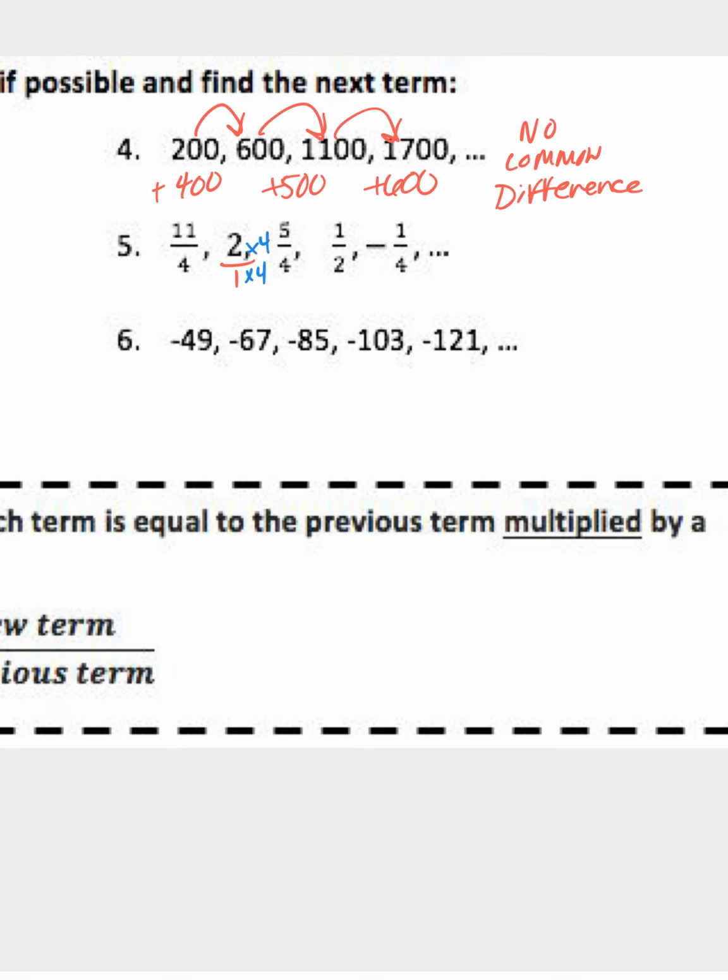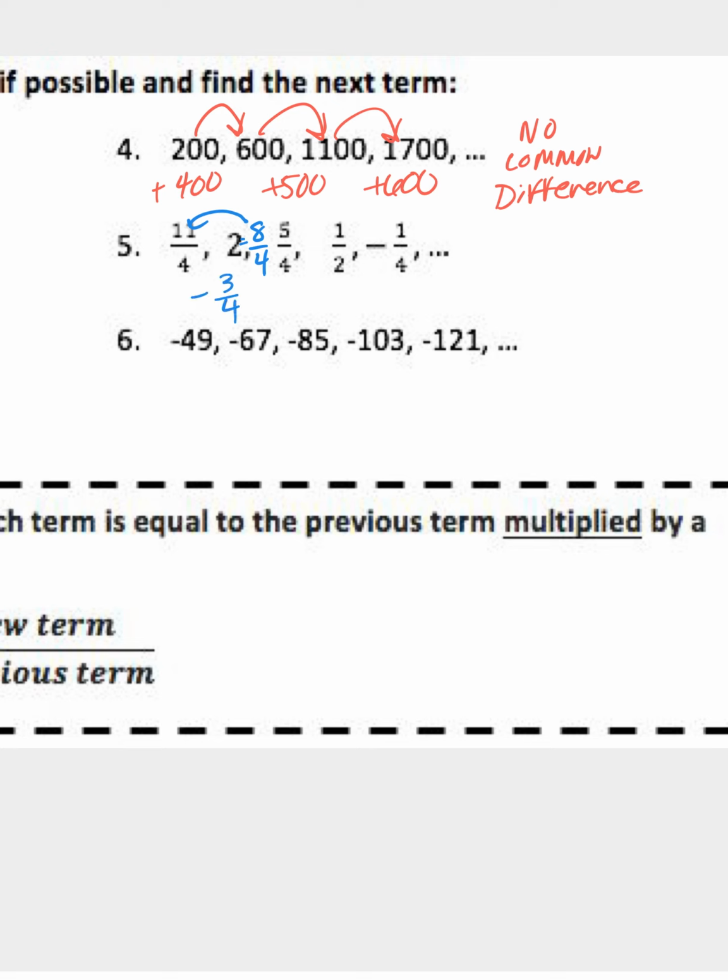So what I really have here is 8 over 4. Now it's going to be 8 over 4 minus 11 over 4. Since this is a smaller number, if I have a common difference, it's going to be a negative number. So from here to here, it's going to be a negative 3/4.